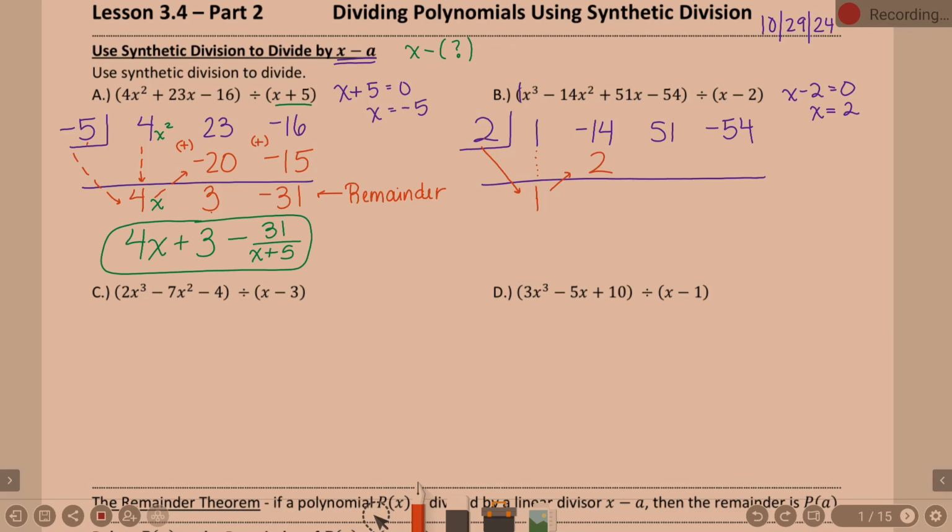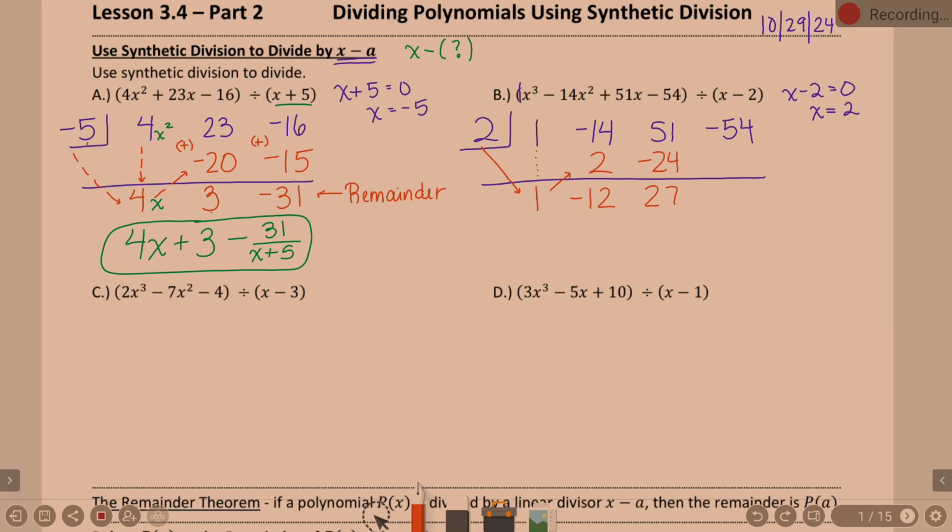Negative 14 plus 2 is negative 12. Now what? Repeat. 2 times negative 12 is negative 24. And 51, what do we do with 51 and negative 24? You add. What is 51 plus negative 24? 27.